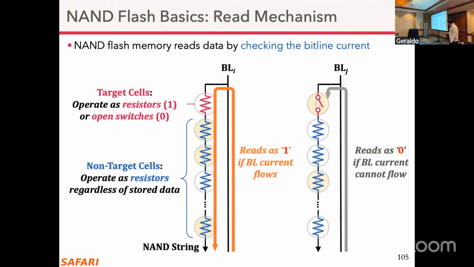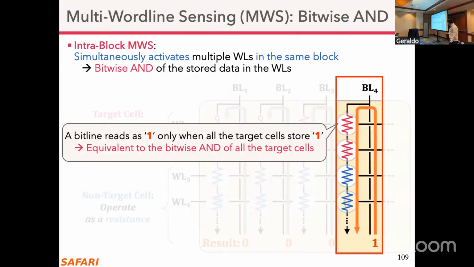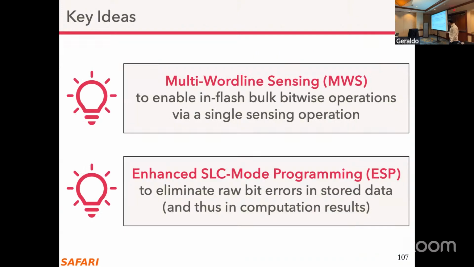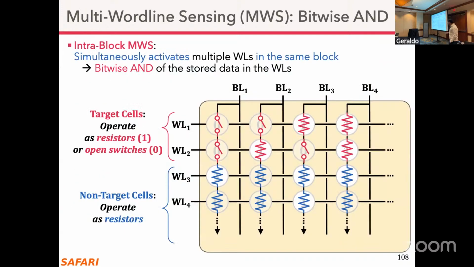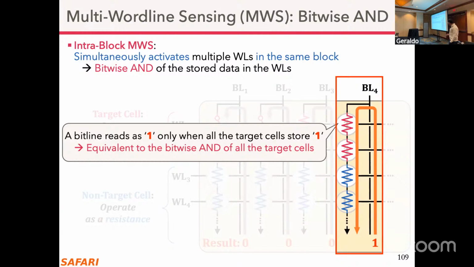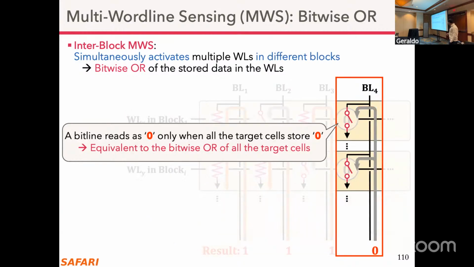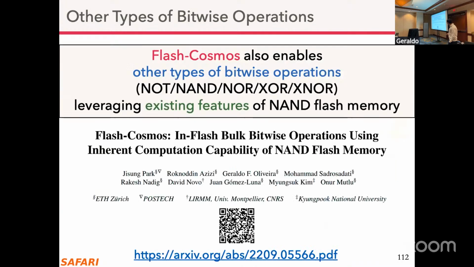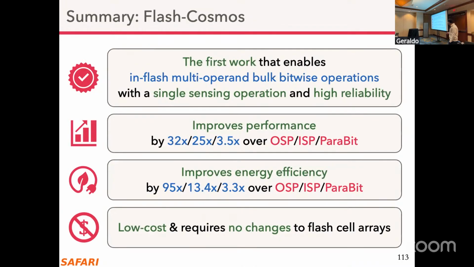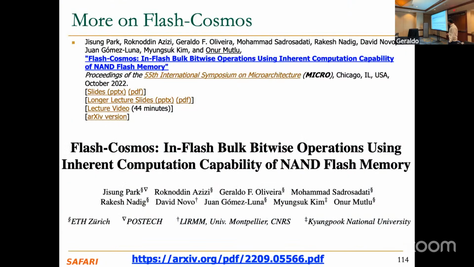Again, I'm not going to go into details, but the idea is quite similar. You do multiple word line sensing to do AND operations or other operations depending on whether the data is inside the same block or not. By doing so, we can accelerate storage-bound applications.